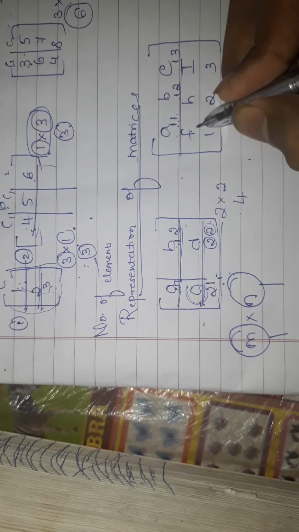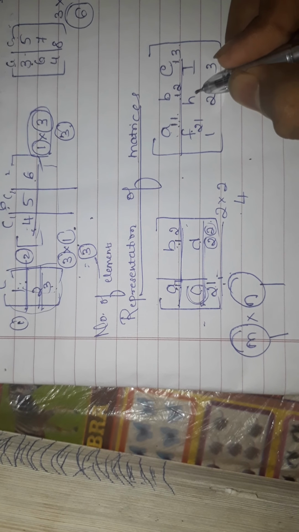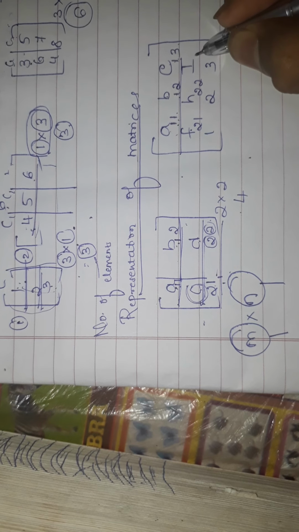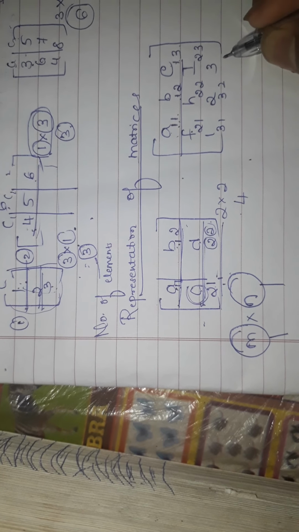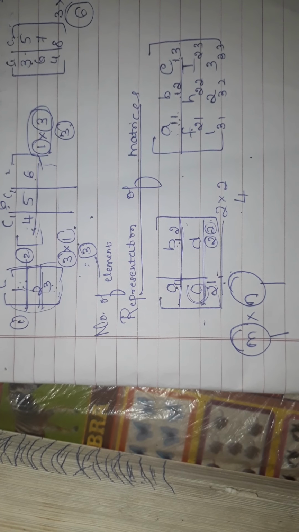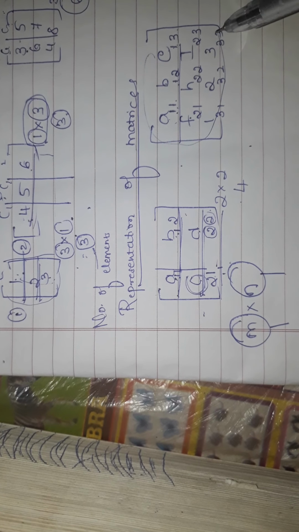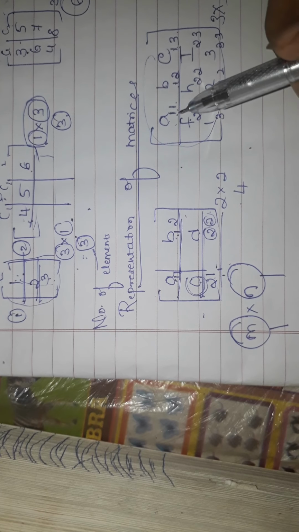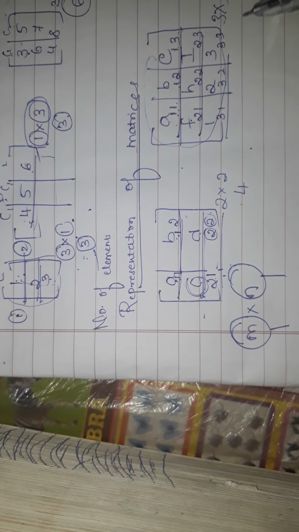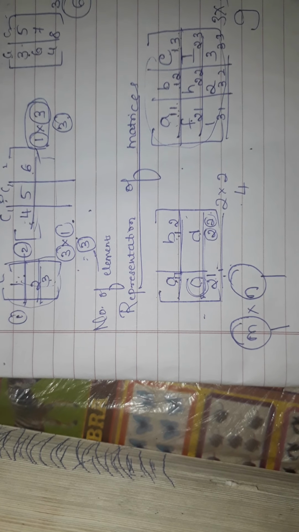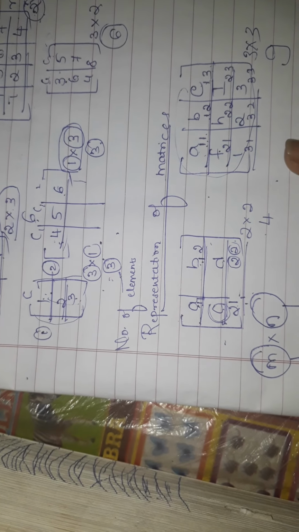Next F is second row, first column, second row, second column, and second row, third column. This is 3 1, 1 3, 2 2, 2 3, 3 3. Okay, next, what is the order of the matrix? This is 3 cross 3 because it has 3 rows and 3 columns, and the number of elements will be 3 threes are 9. Is it clear?